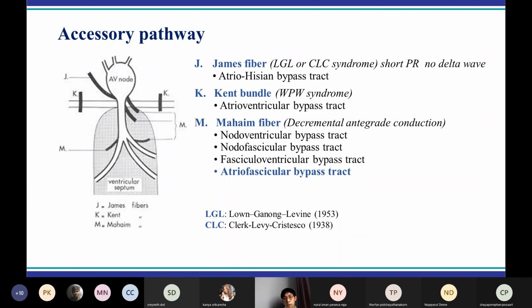You don't have to remember all this because nowadays we don't use the names of doctors to describe these bypass tracts. We just use where it originates and where it goes to describe the type of accessory pathway. And by far the most common type is still the atrioventricular or the Kent bundle. This one is the most important one that you should know about, and you should know about its electrophysiologic property.